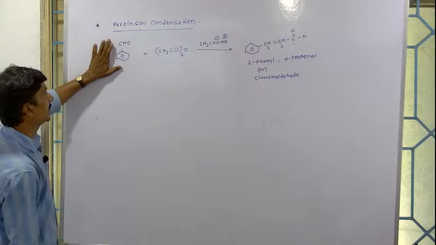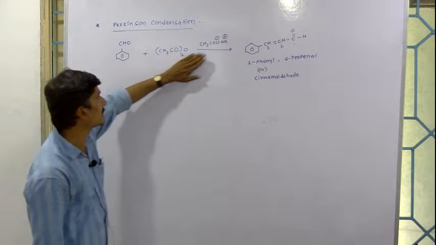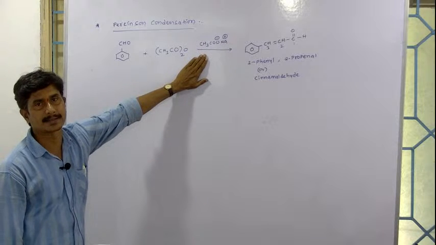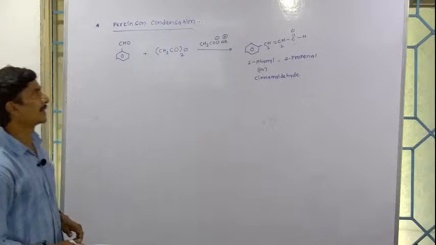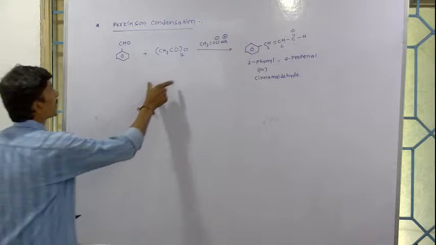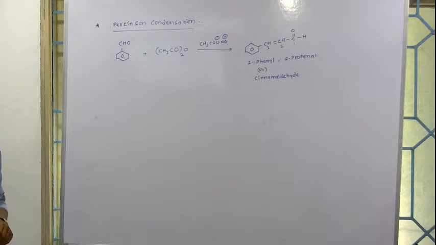So benzaldehyde treating with the acetic anhydride in the presence of the sodium salt of acetic acid, or sodium acetate, can give the alpha beta unsaturated aldehyde, which is known as cinnamaldehyde. It is a name reaction which is called the Perkin condensation reaction.